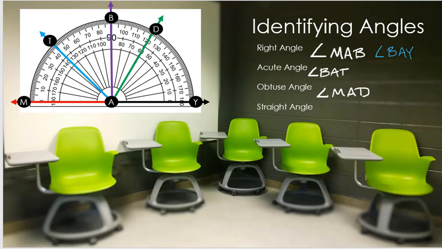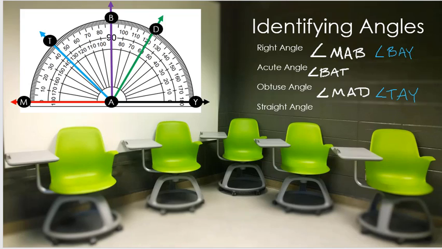What about TAY? So angle TAY, that is an obtuse angle because it's greater than 90 degrees but less than 180.